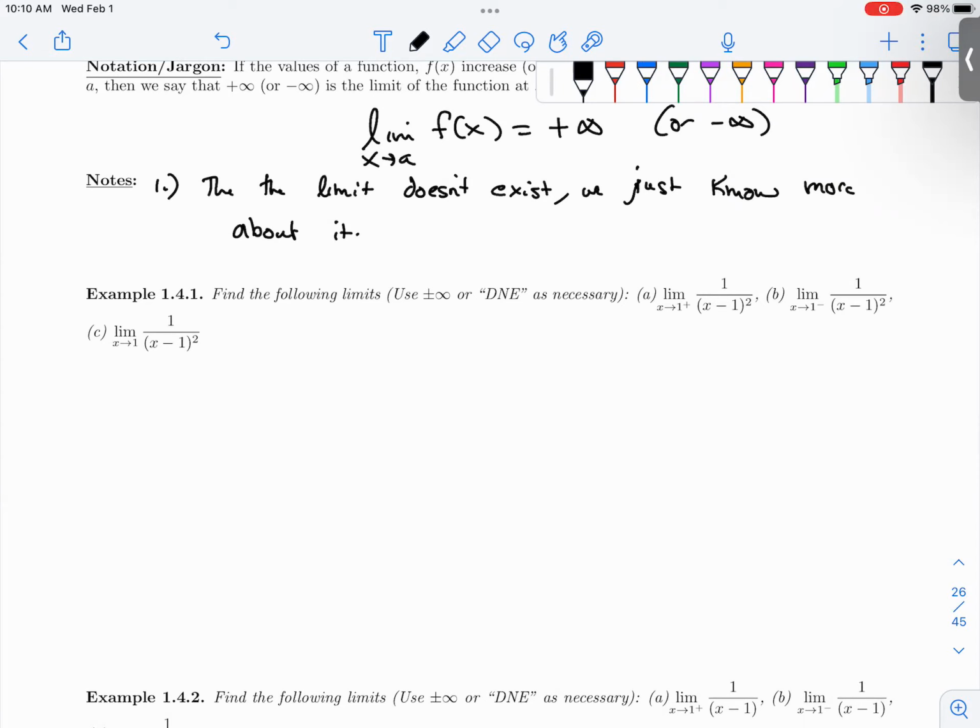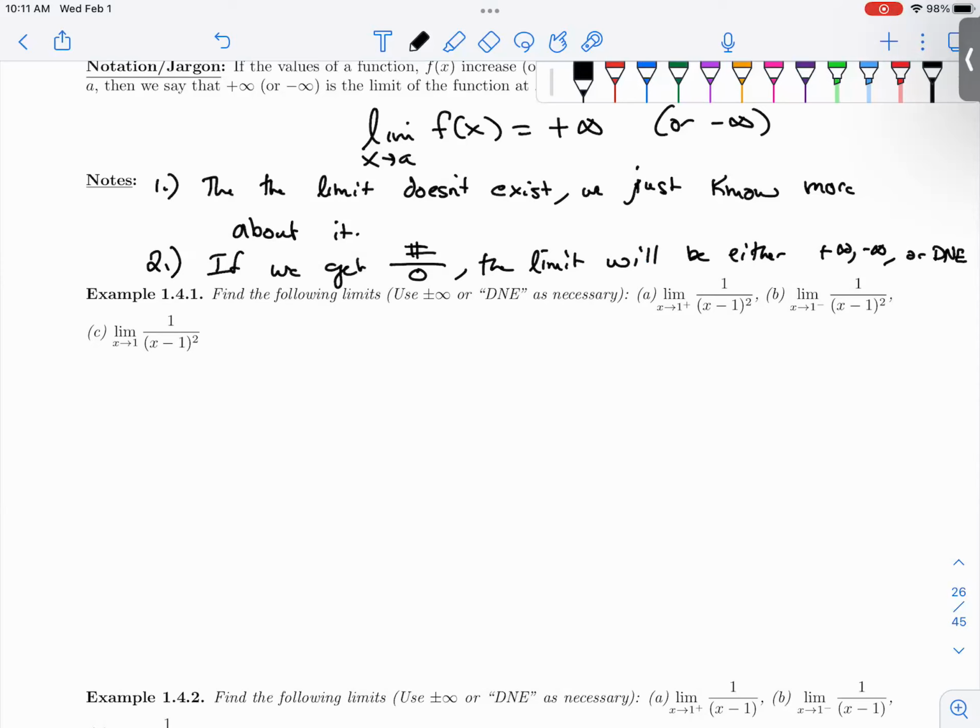So that's the other one. I remember now. If we get a number over 0, the limit will be either positive infinity, negative infinity, or DNE. And we'll see that with these two examples.